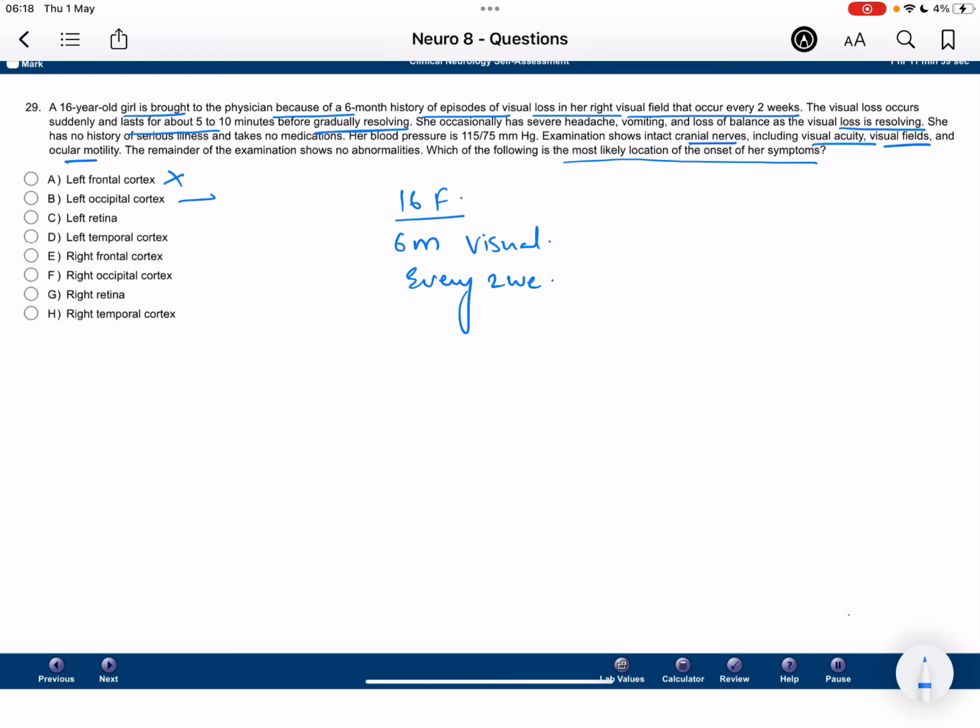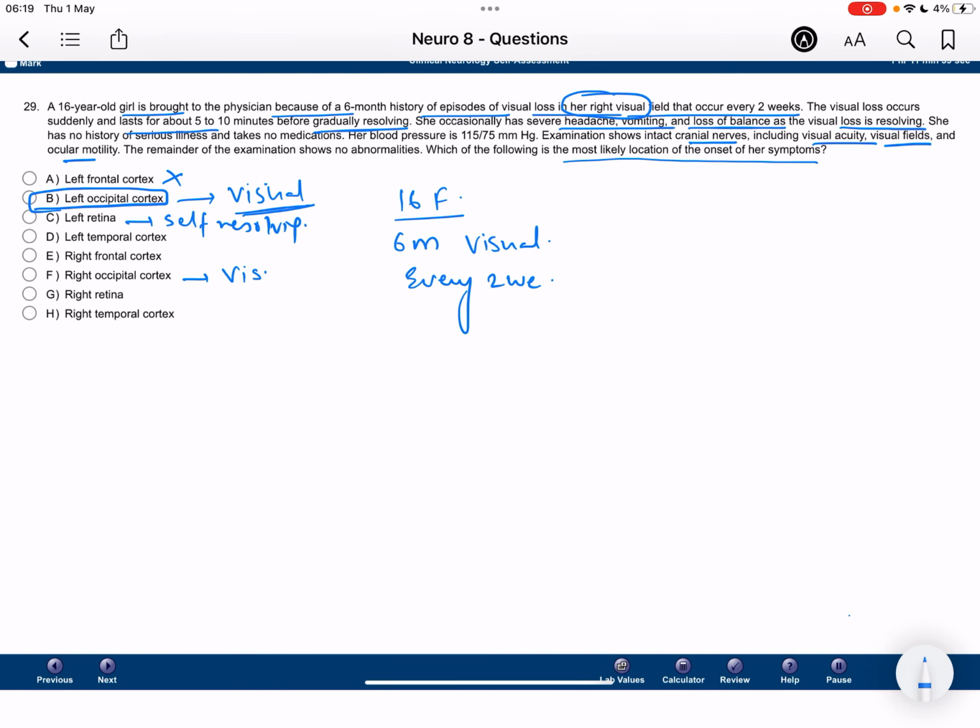Possibly the occipital cortex is involved with vision, but there are 2 occipital cortices. Is it the right or the left? We will have to think. This patient has a right visual field deficit. Right visual field is usually controlled by the left occipital cortex, so I will keep this in mind. Left retina: whenever there is a retinal problem, it usually does not cause self-resolving symptoms. She also has severe headache, vomiting, and loss of balance.